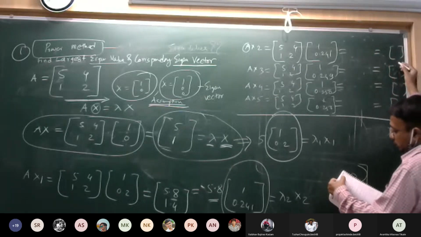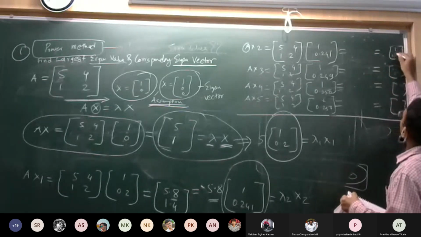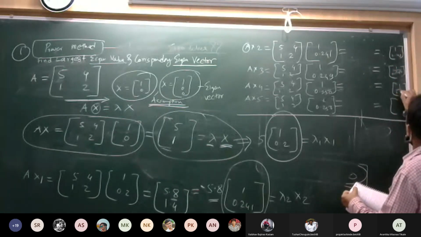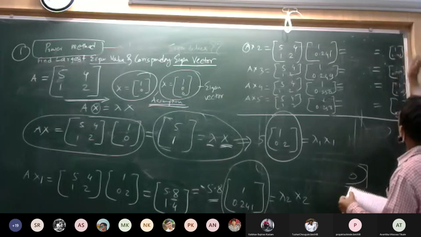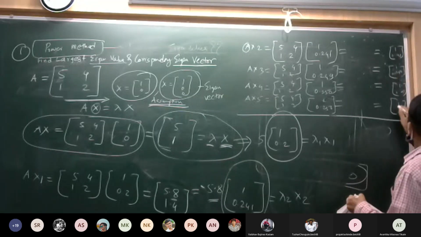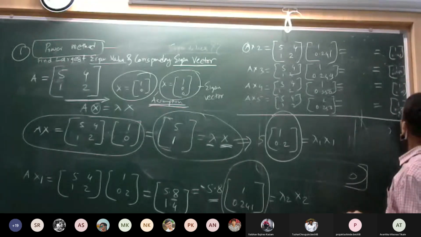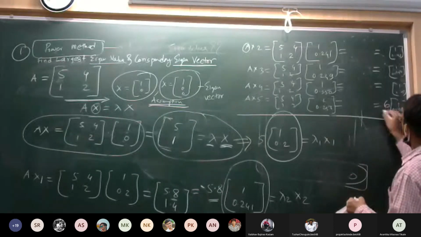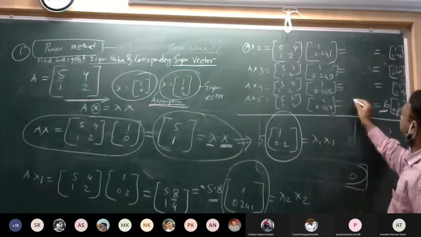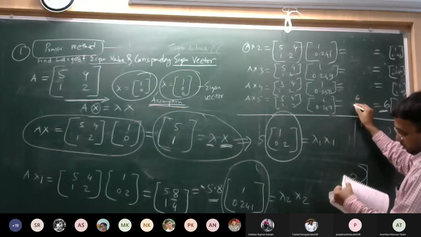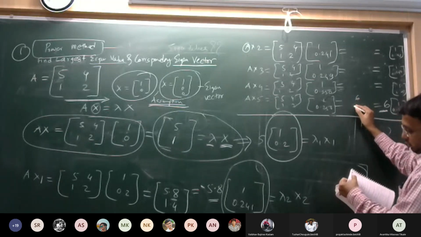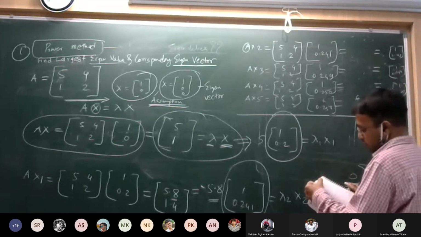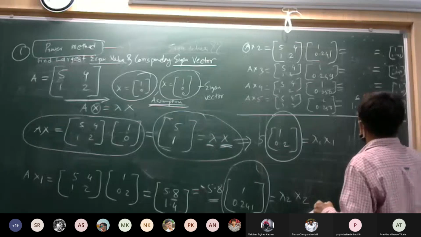So the corresponding eigenvector would be 0.25 into 6, so the calculation would be 6 into 1.5.